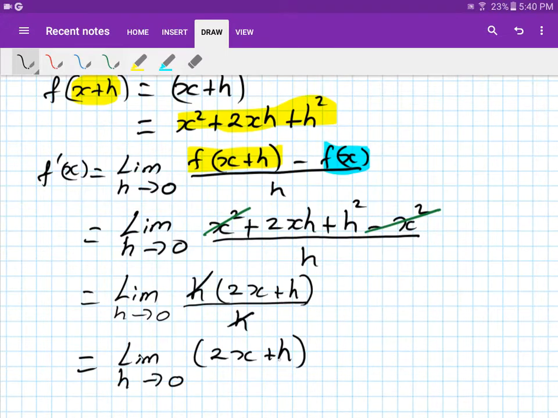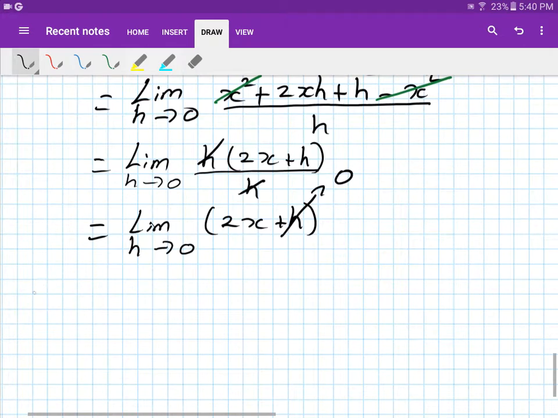Now as h approaches 0, this term approaches 0, so therefore your answer f'(x) is equal to 2x. All right, so you get that?